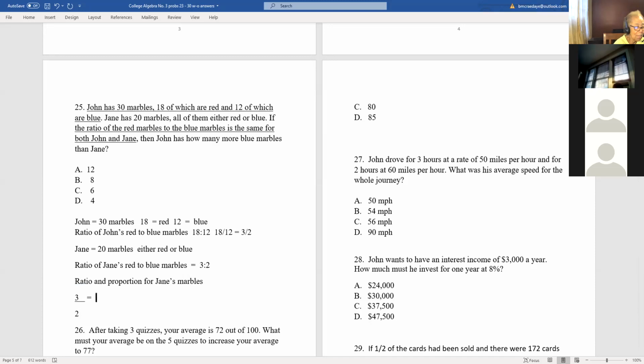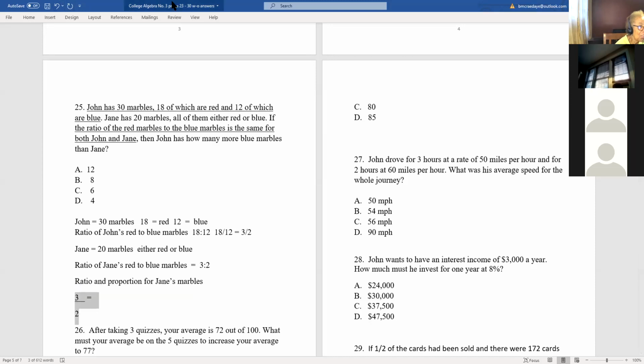No, 20 is the total. It's equal to 3 over 2. No, no, no.